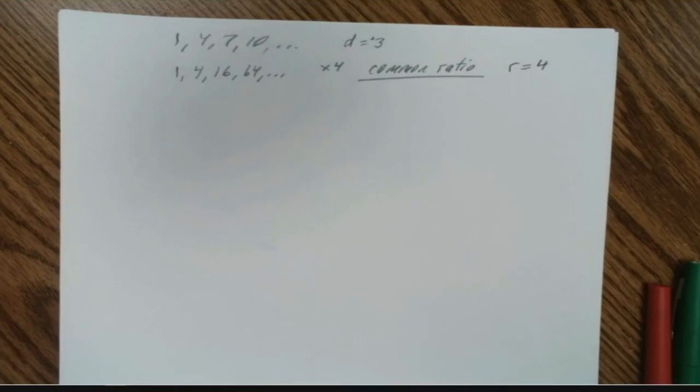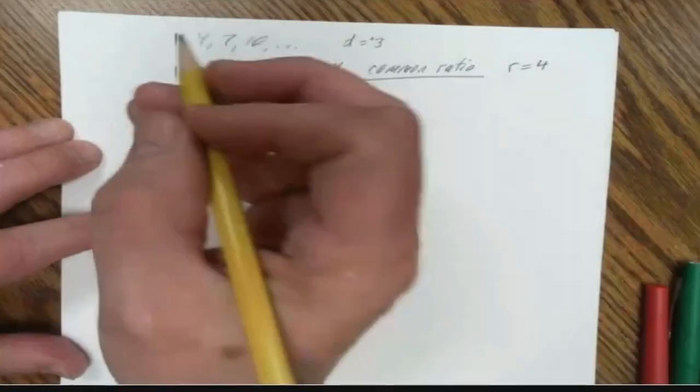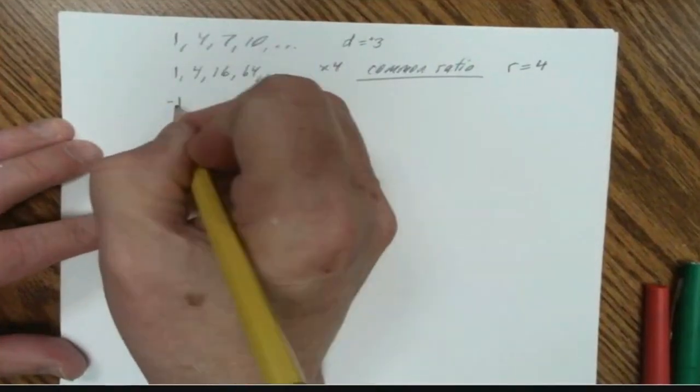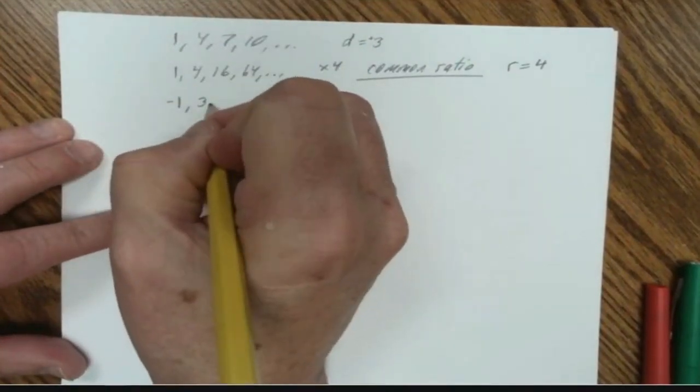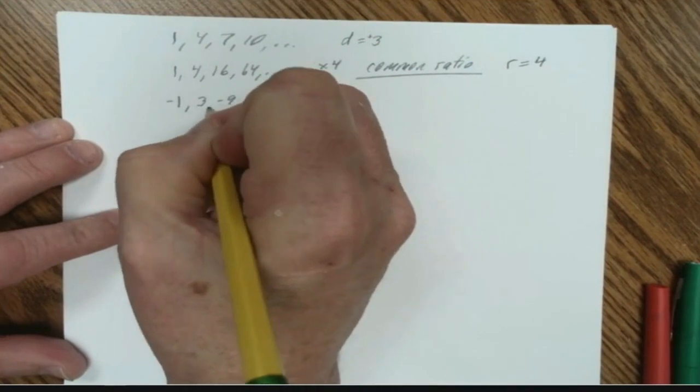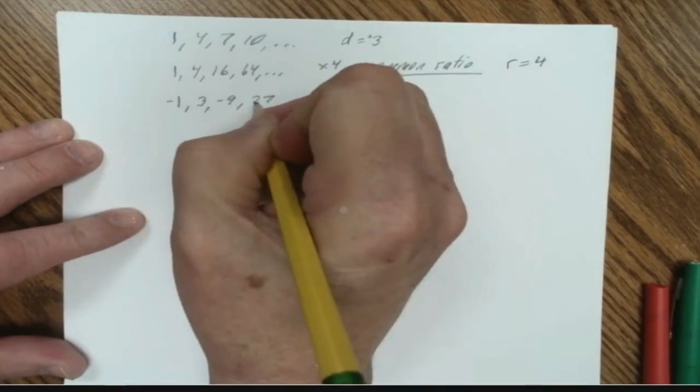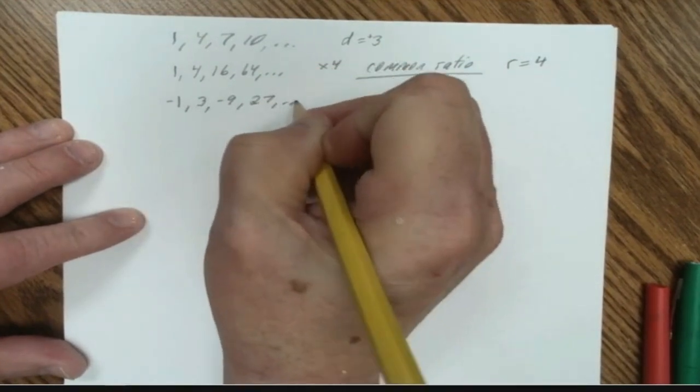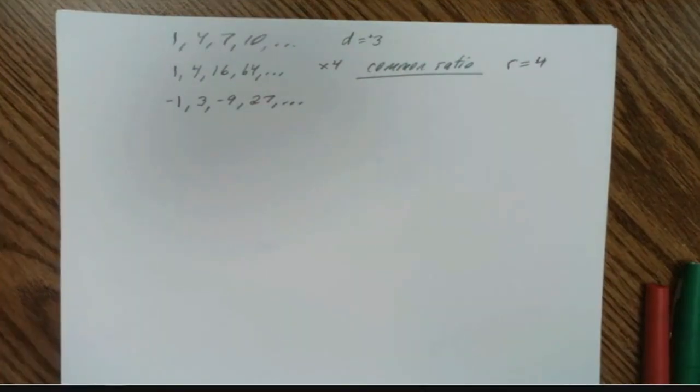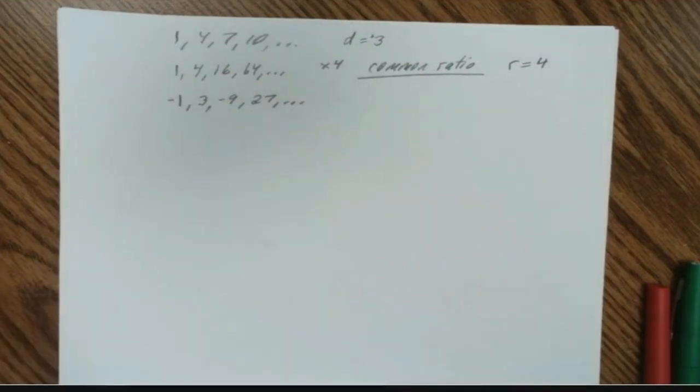And sometimes it may be a little tricky to recognize. We could have a sequence that starts at -1 and goes to 3 and -9 and 27. And you look at that like, wait a minute, it's going from positives to negatives to positives. Is that a geometric sequence? It's not arithmetic, but is it geometric?